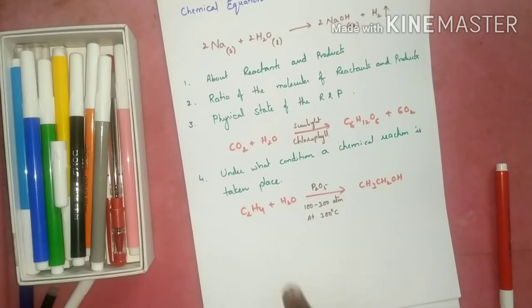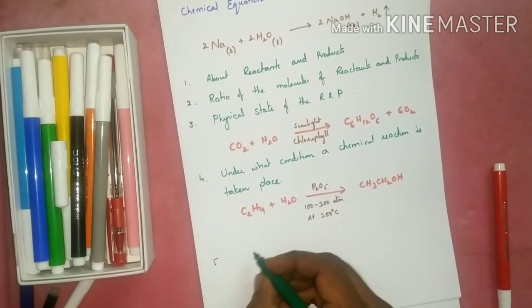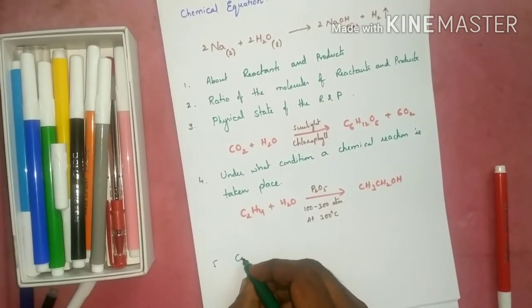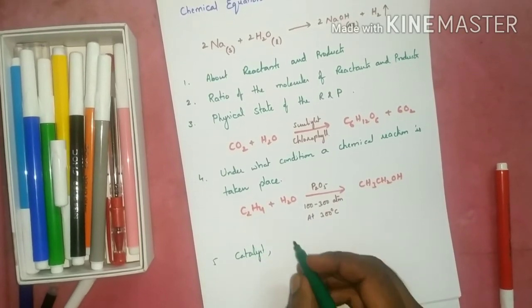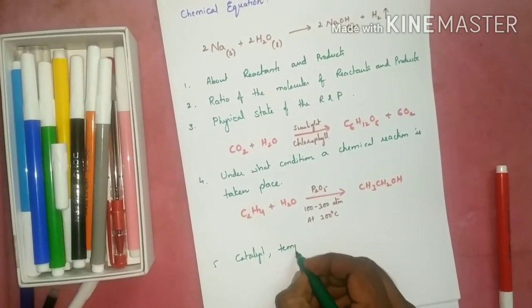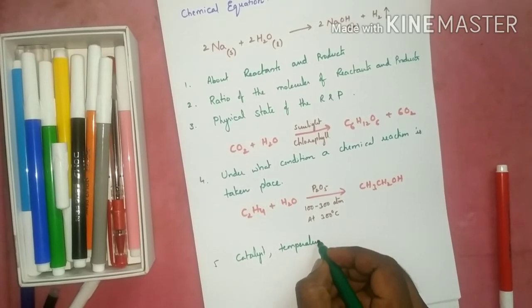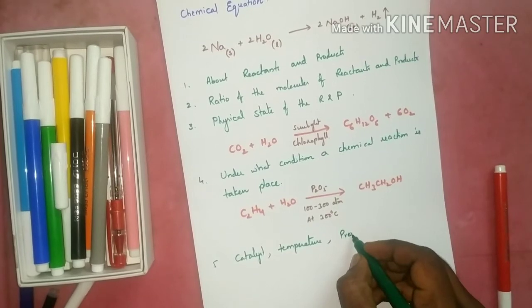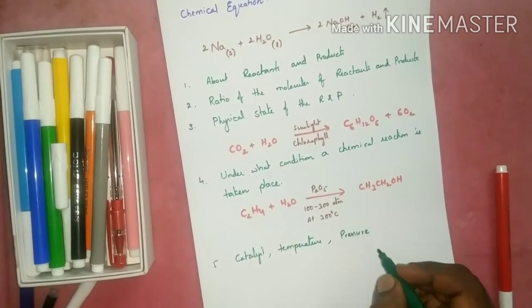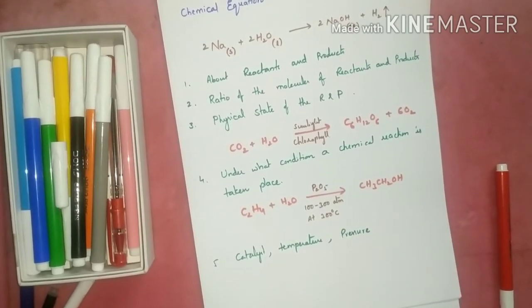Means a chemical equation, when you see it, it says about the catalyst used. It says the temperature at which the reaction takes place. It says the pressure that must be maintained to undergo that chemical reaction.